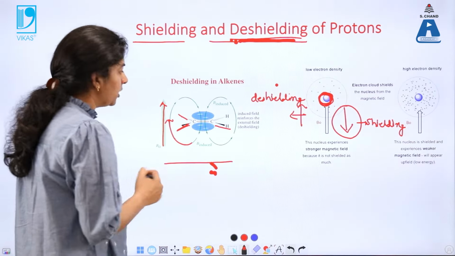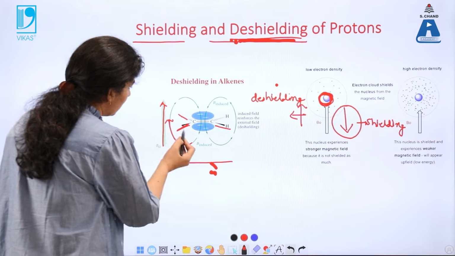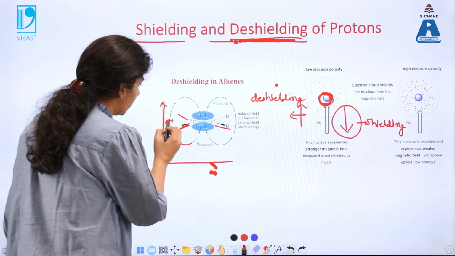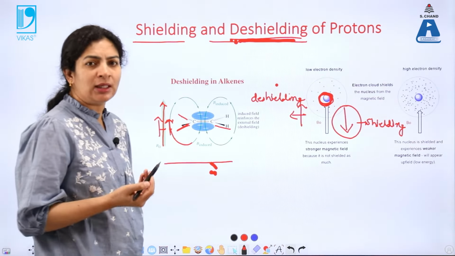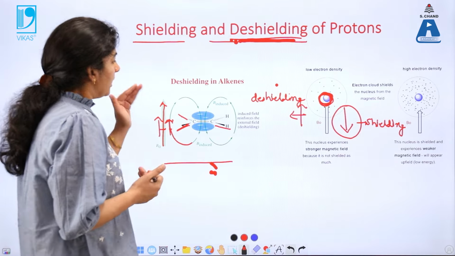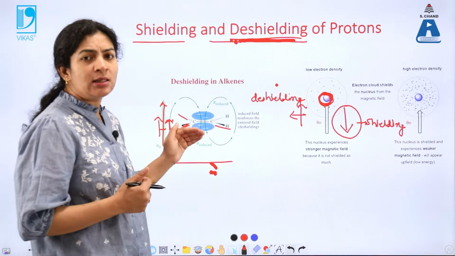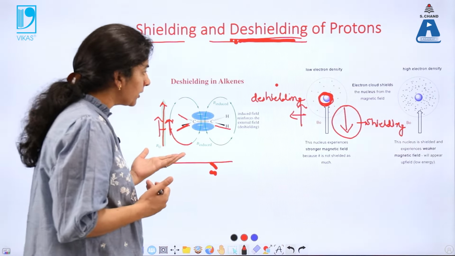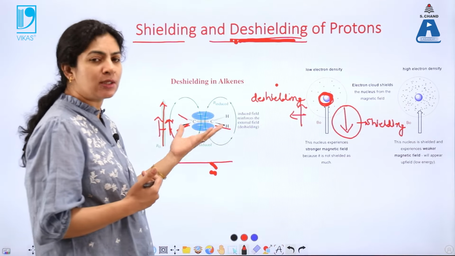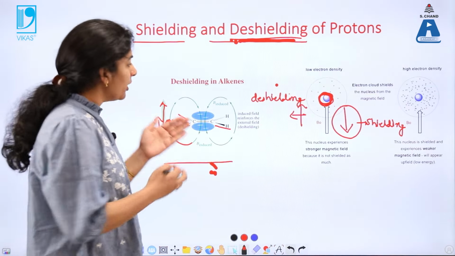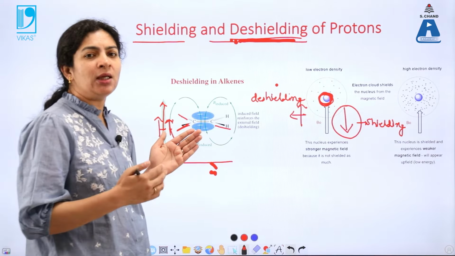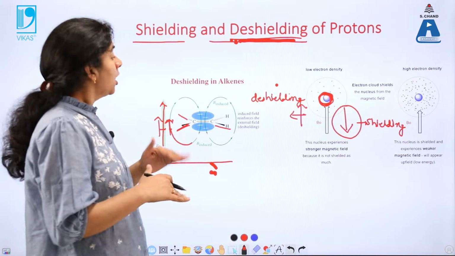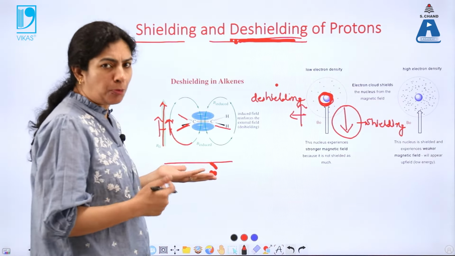This is the direction of the induced magnetic field. So we can see that where the protons are present, the direction of the external magnetic field and of the induced magnetic field is identical. So this induced magnetic field is reinforcing the external magnetic field. This phenomenon, as we have just understood, is called deshielding. So in this particular case, we need to apply a lesser external magnetic field for the nucleus to show absorption.